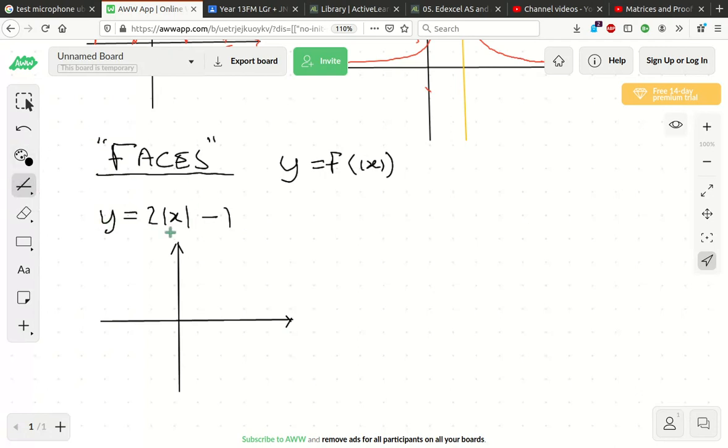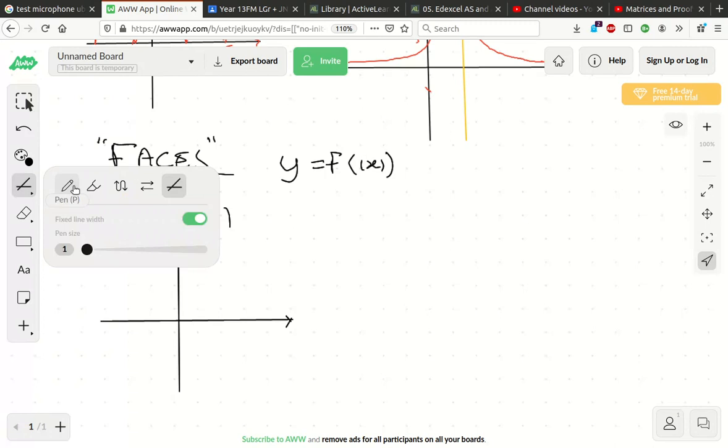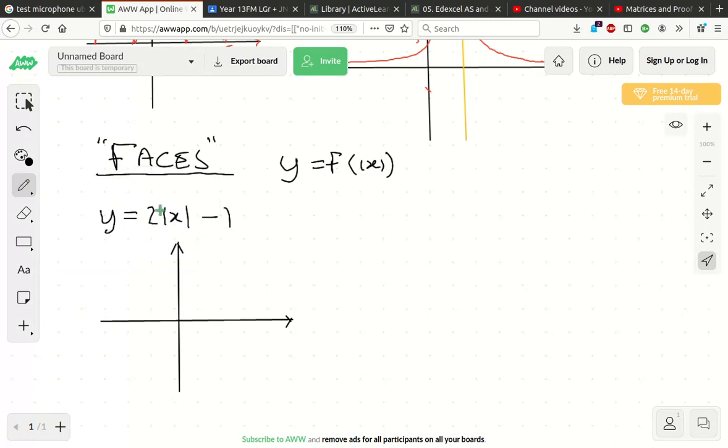Now, the way I describe these is, once again, just like the other ones, ignore the modulus first. Just draw a graph completely ignoring the modulus, and we'll get exactly the same as before, something like that. But this time, it's not that y can't be negative, y can be. Like I say, when x is 0, y is negative.